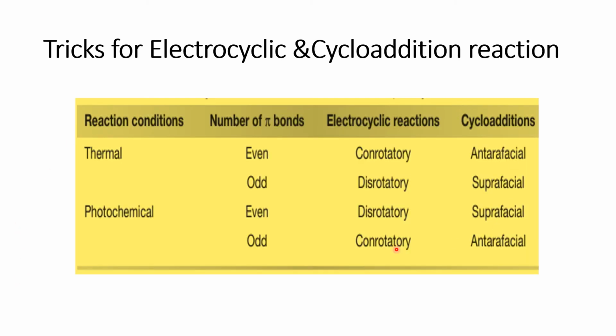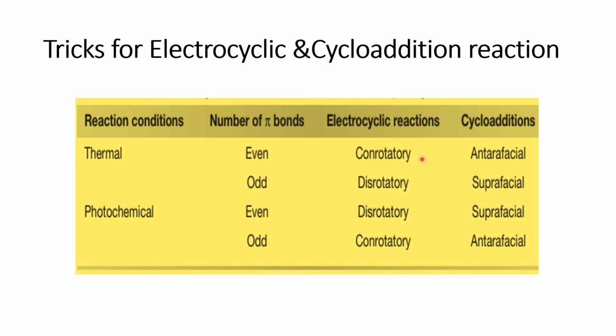And one more thing I would like to say: these are the consolidated tricks we need to keep in mind for both electrocyclic and cycloaddition reactions. If you remember this, you will be able to solve everything. For thermal conditions alone we need to keep this in mind: for even number, conrotation, antarafacial. For odd number, disrotation, suprafacial.